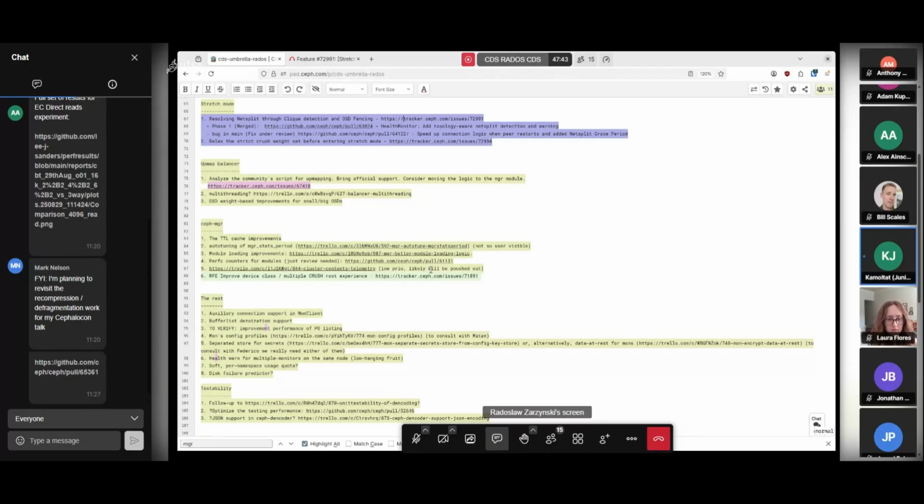Then we execute the OSD fencing safely, and another item is to be able to lift the OSD fence.